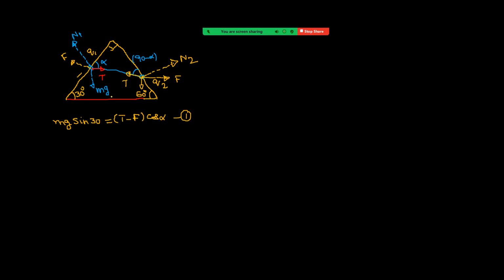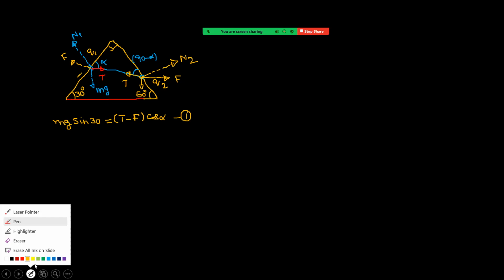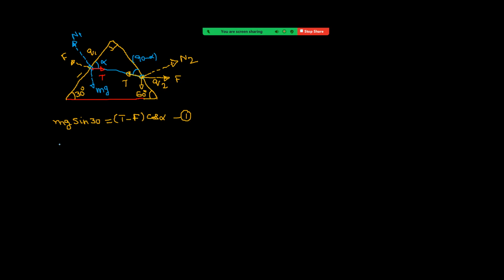Next, in the same way for the second bead, the weight component is mg sine 60, and that should be balanced by (T minus F) into sine alpha.